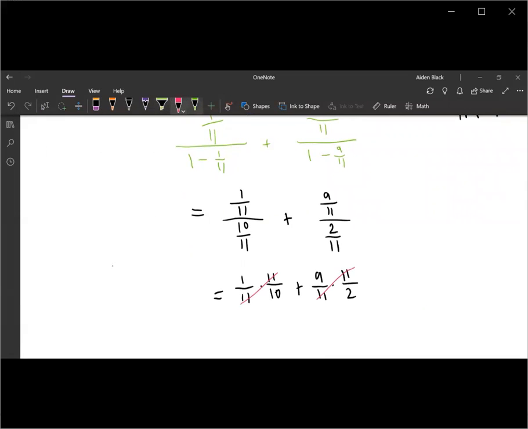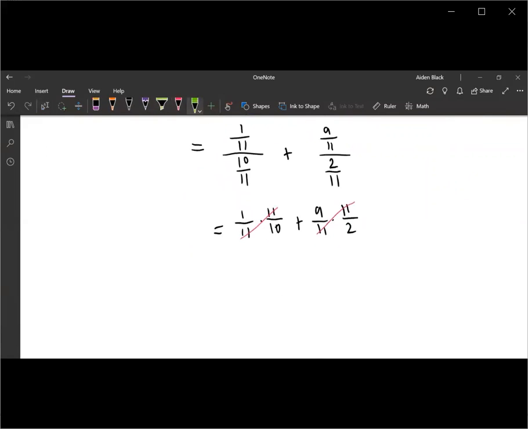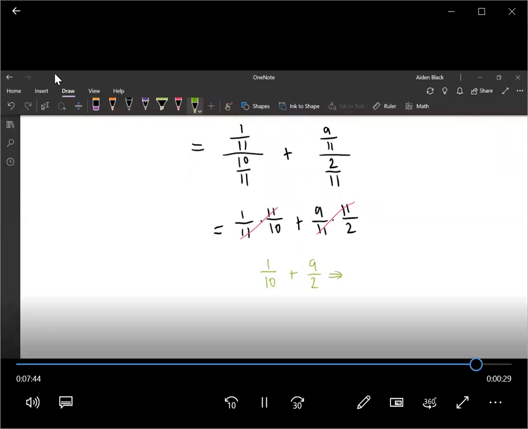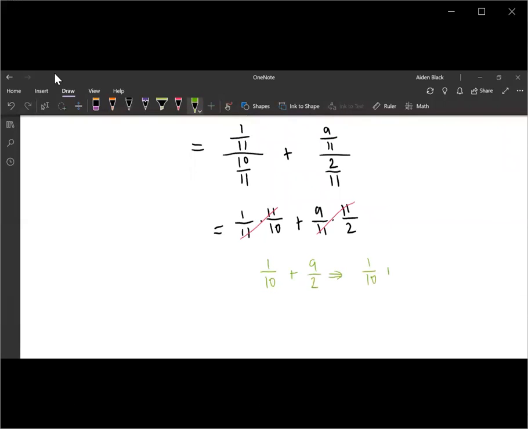It's pretty simple from here. 1/10 plus 9/2. Find a common denominator. Gives us 45/10. Let's add them up and we get 46/10, or 4.6. And that's your answer.